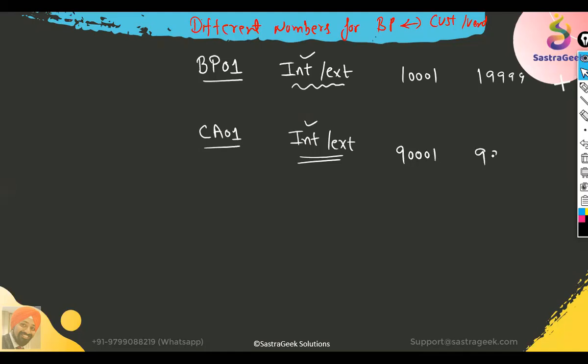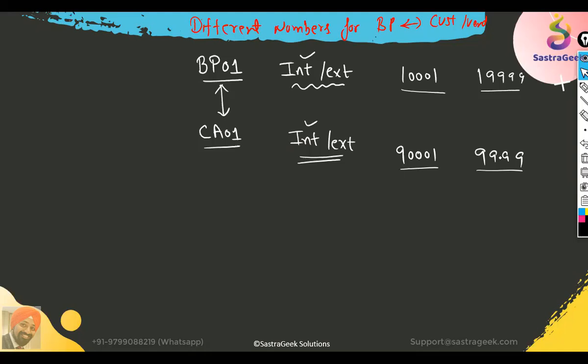Then I would be linking this BP01 with CA01 without a tick on the same number. Even if you try to put a tick on the same number, the system will not allow it because your number ranges are not overlapping. So that validation is there.